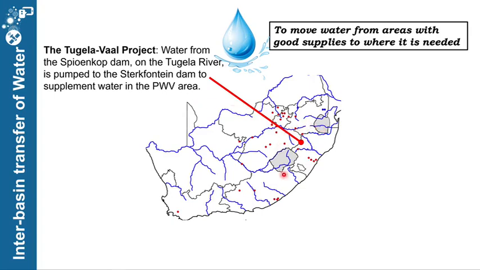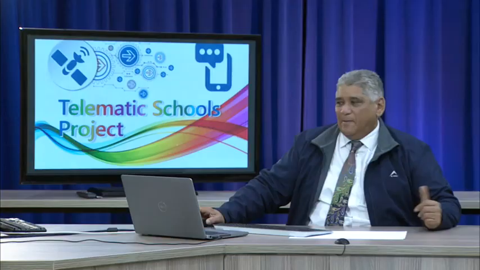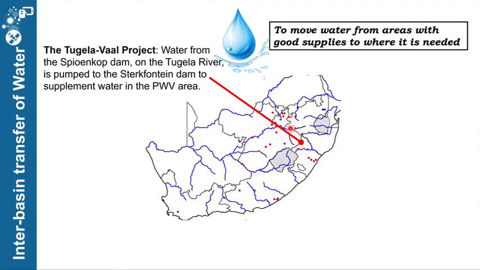If you can remember, in a previous slide I showed you that the rainfall is much higher in this area. But if you look at Gauteng here, this is where more water is needed. So these people have a lot of water, and we've got short-flowing rivers to the sea. That water can get lost. So what's happening is it's being pumped to Gauteng so that it can be used there.